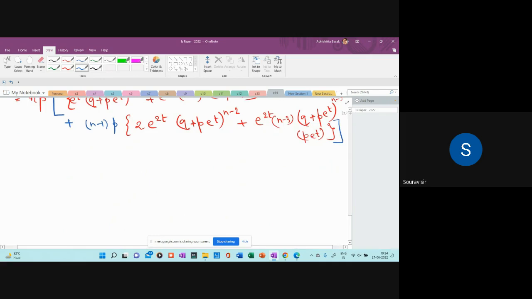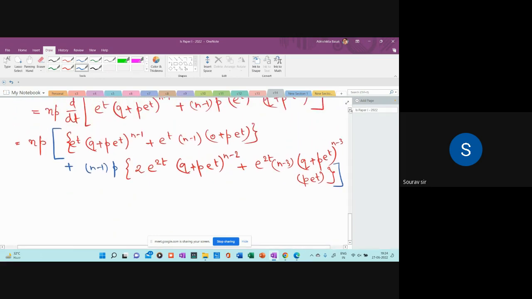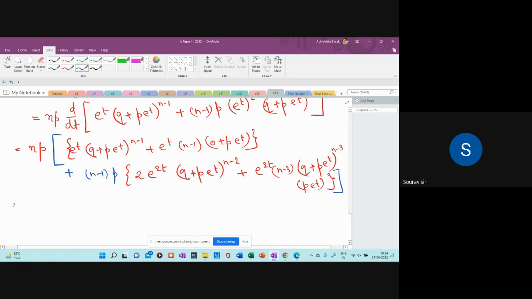And then in this very big term, I am going to put t equals to 0. So d cube by dt cube of this mgf at t equals to 0, let's see what it is going to give me. I'm putting t equals to 0 in this line. It's going to give me np as it is, e to the power 0 is 1, and e to the power 0 is again 1, q plus p is 1, so 1 to the power n minus 1 is again 1, plus e to the power 0 is again 1, we have n minus 1, we have p into 1.